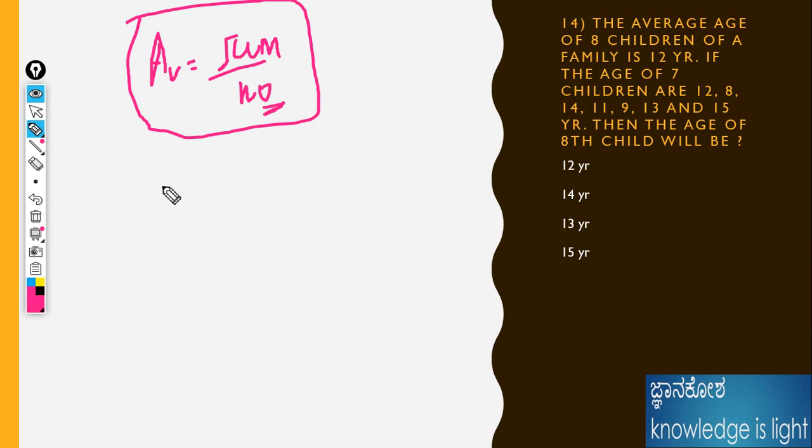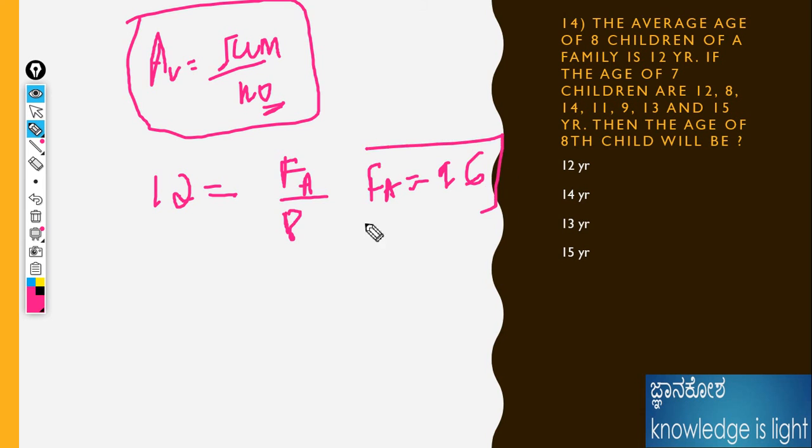Okay, fine. They gave the average as 12. Therefore, we need to find out the family age total. Total number is 8. Therefore, family average is 12, and 96 is the total.